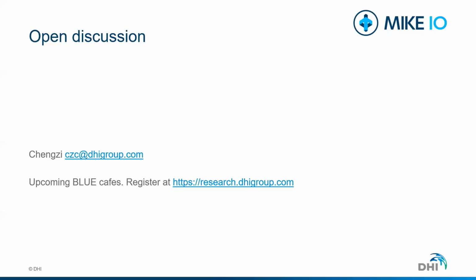A question: does MikeIO have all the functionalities of the DFS MATLAB? I'm not sure because I haven't used MATLAB in a long time, so I guess it doesn't have all the functionalities of the DFS MATLAB, but it might have functions which are not part of the MATLAB.